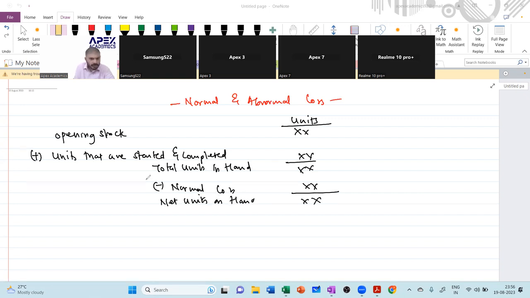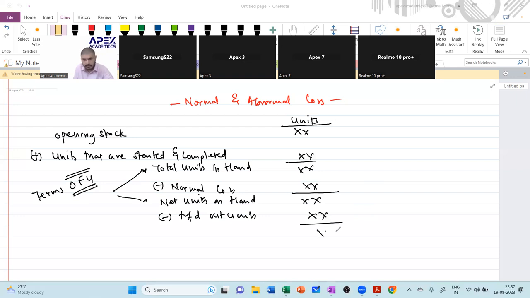These total units on hand and net units on hand are terms only for your understanding. Out of this, you will transfer out some units. Then you will be left with certain units. This is your expected closing stock.